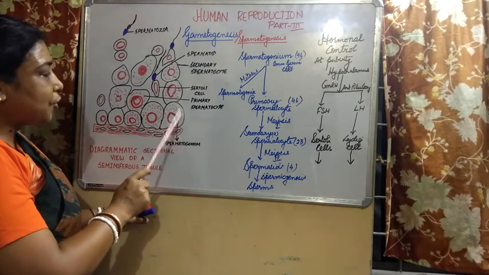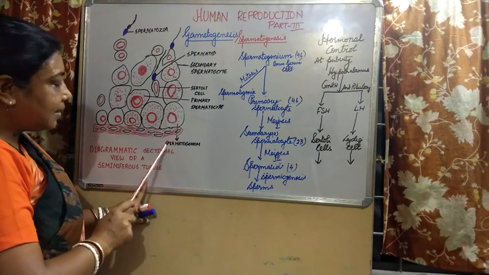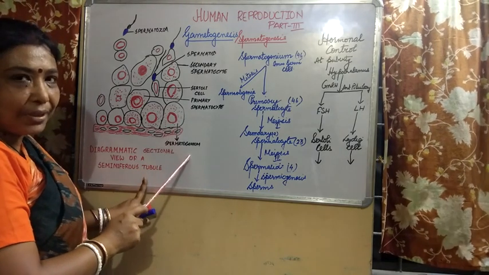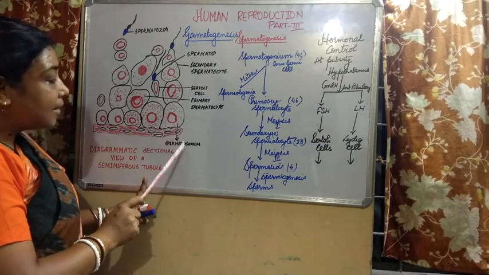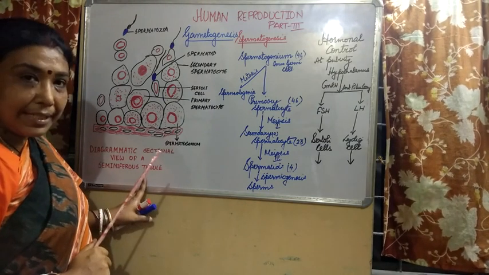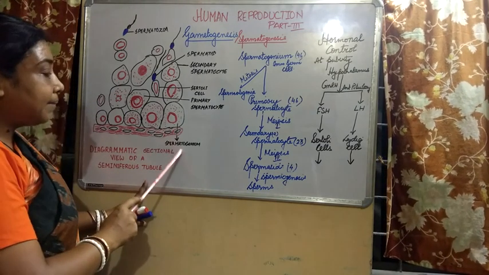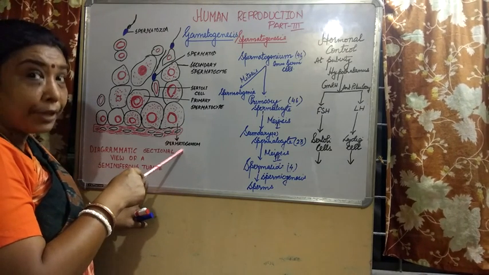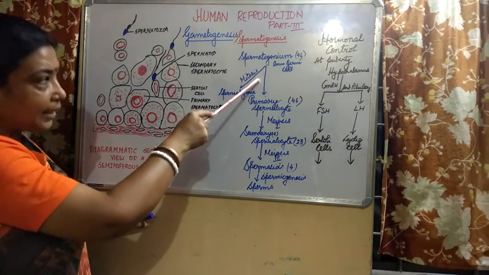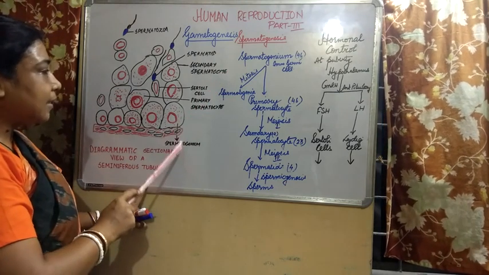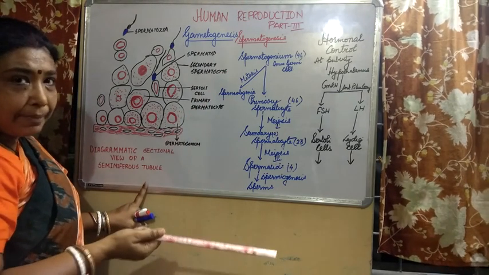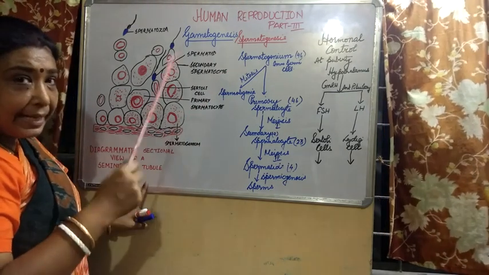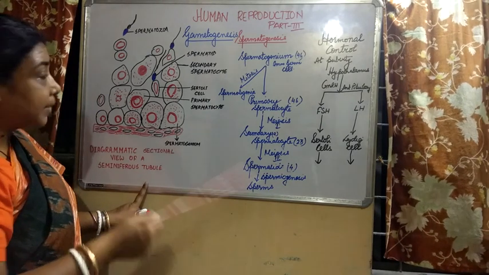This is an immature male germ cell, given the name spermatogonium. This spermatogonium will undergo what? Mitosis. Then it will get differentiated into primary spermatocyte.